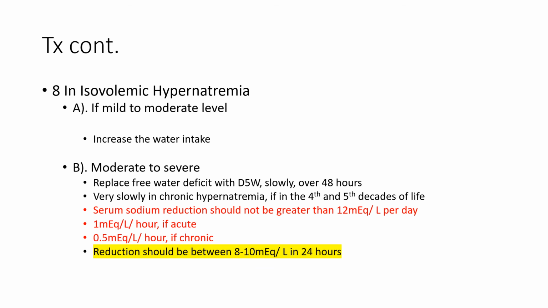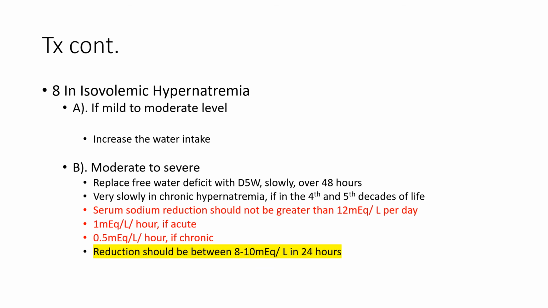We have to replace the free water deficit with D5 water, and that should be done slowly over 48 hours as well. Very slowly in the face of chronic hypernatremia. If in the fourth and fifth decades of life, that is somebody at the age of 50 something or 60 something, then we'll go more slowly.